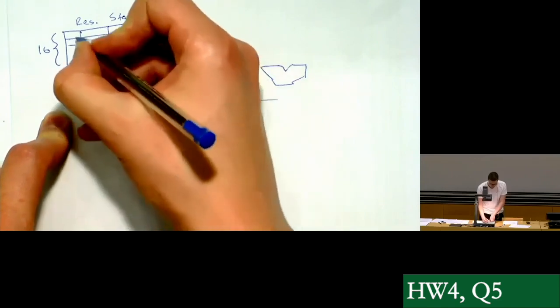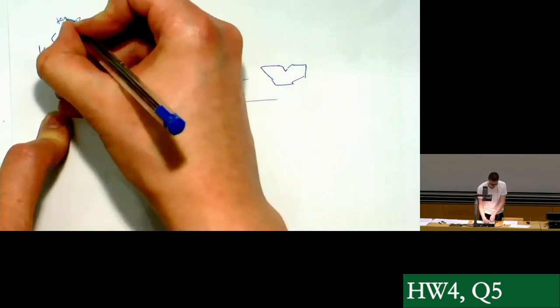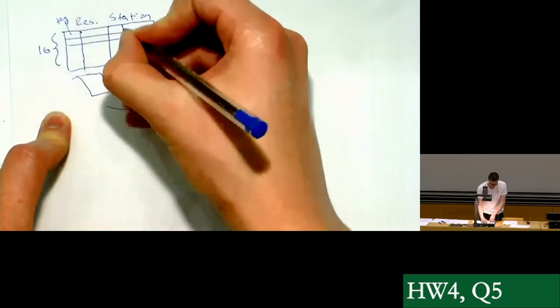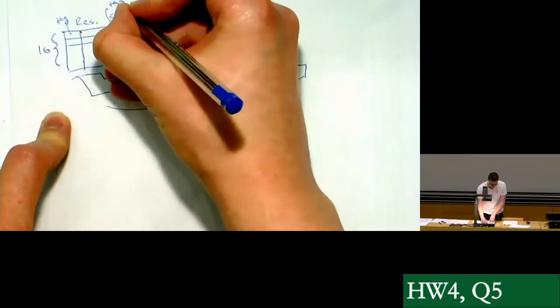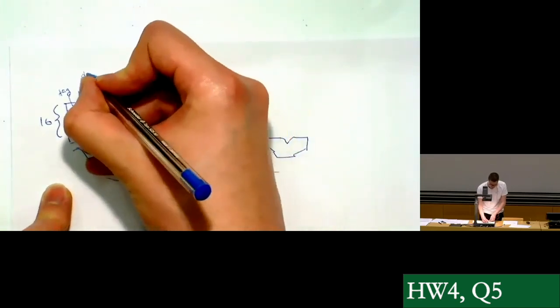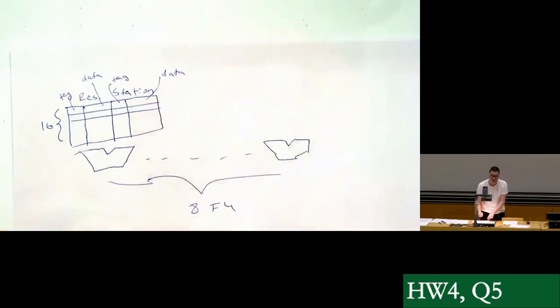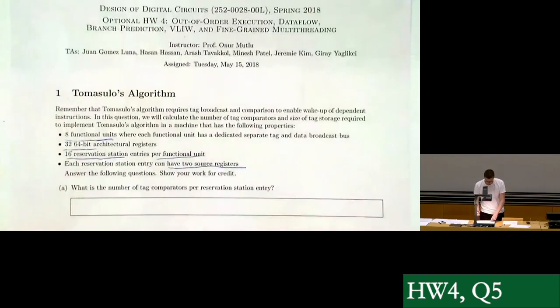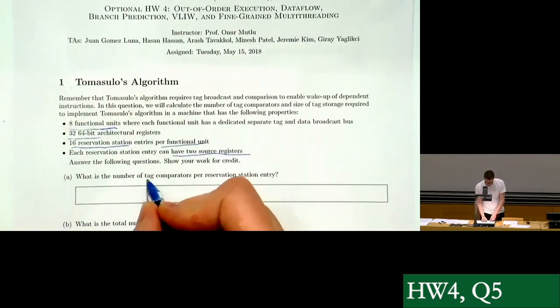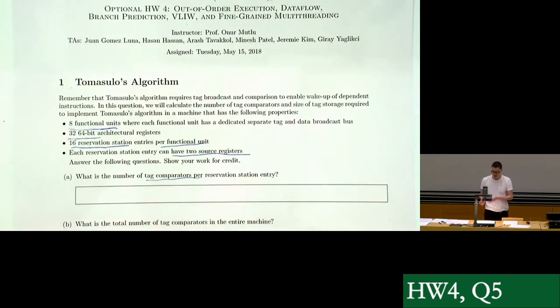And then it has separate tag fields for each source field, and separate data fields. I guess you can see it. And the question is asking about how many tag comparators there are per reservation station entry.